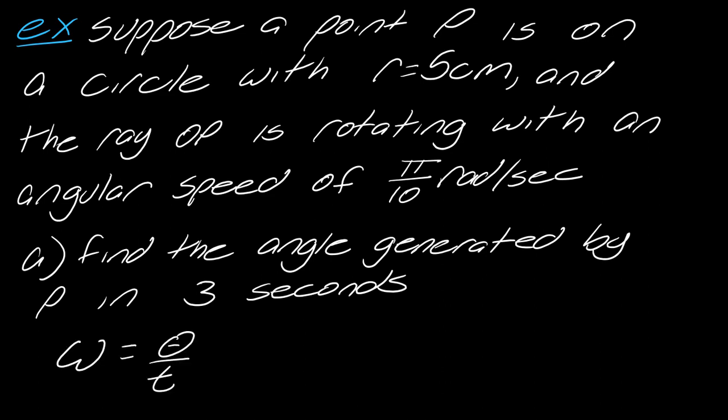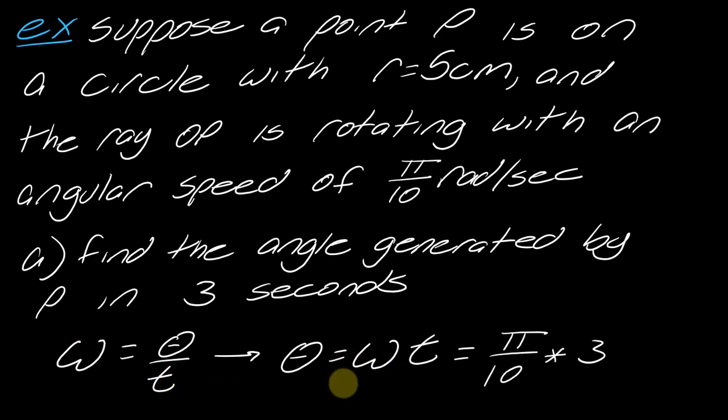In this case, I've got my formula, omega equals theta over T. I have my angular speed, and then I have my time, so I can just plug those pieces in. It might be a little bit better to rewrite this as theta equals omega times T, just to make my life slightly easier.